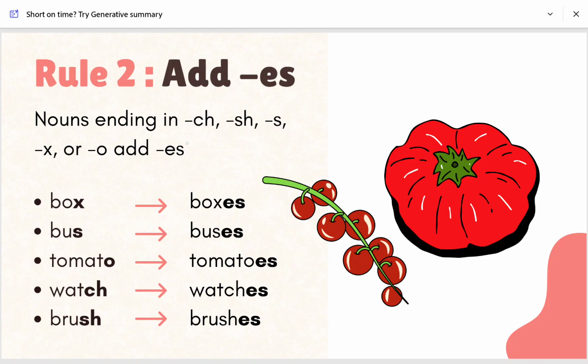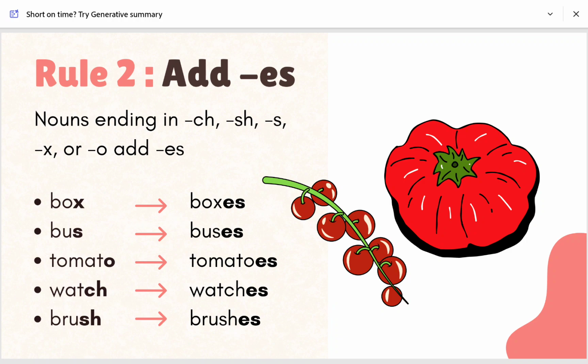We add an extra es to mean that there is more than one, when the noun ends with ch, sh, s, x, or o.